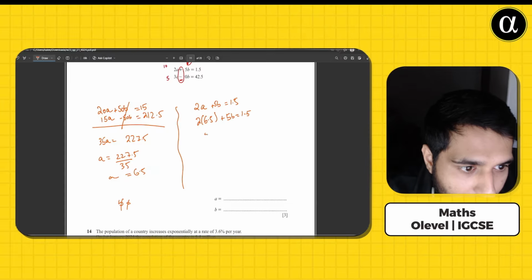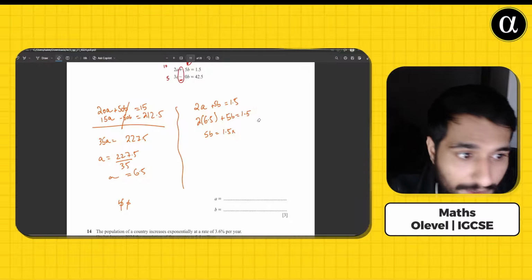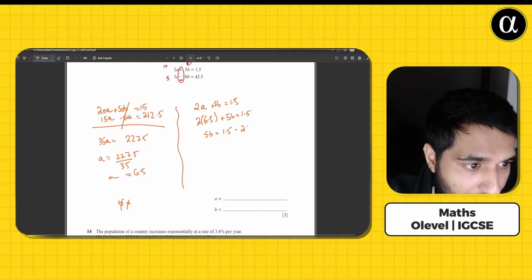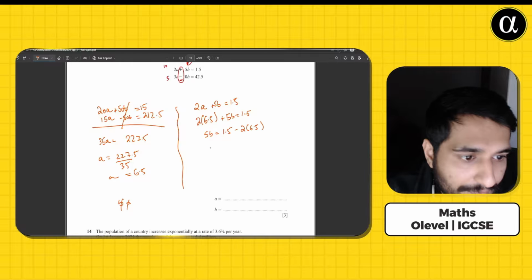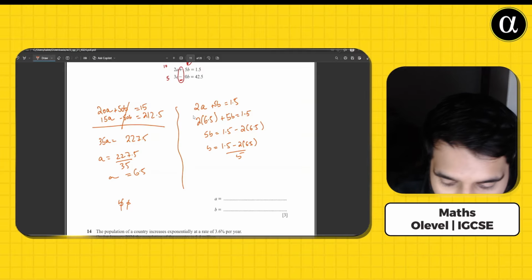So 5b is equal to 1.5 minus 2 into 6.5, and b would be 1.5 minus 2 into 6.5 over 5.